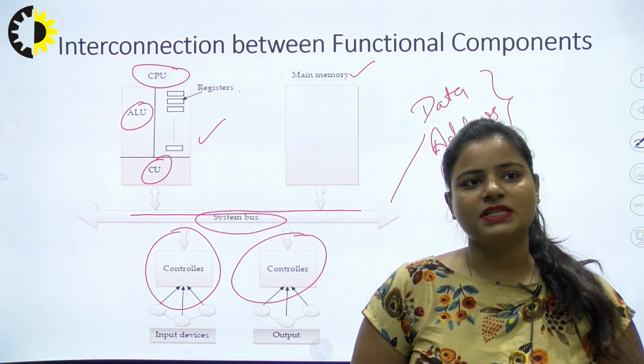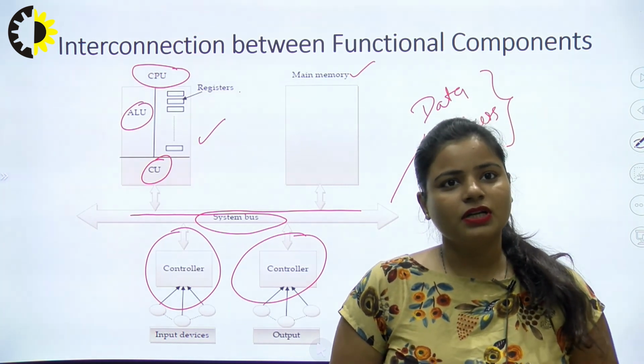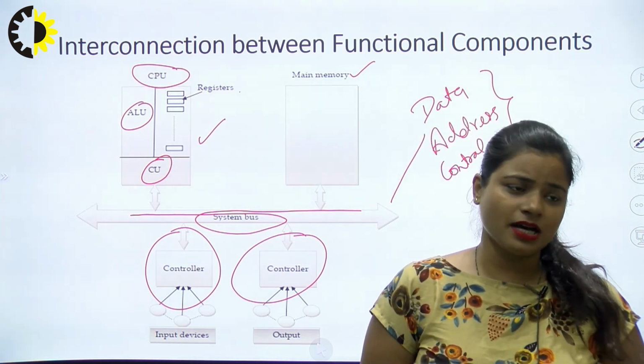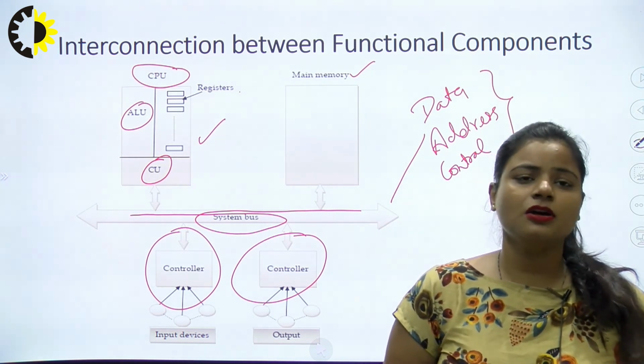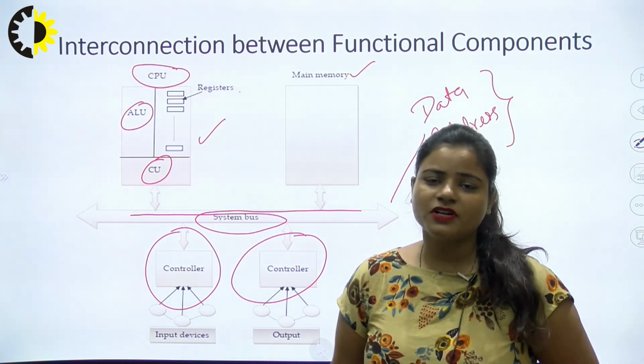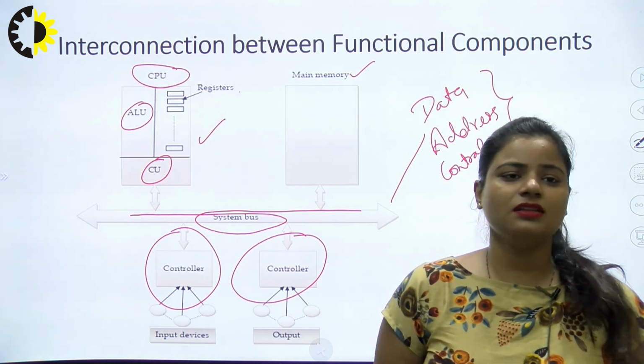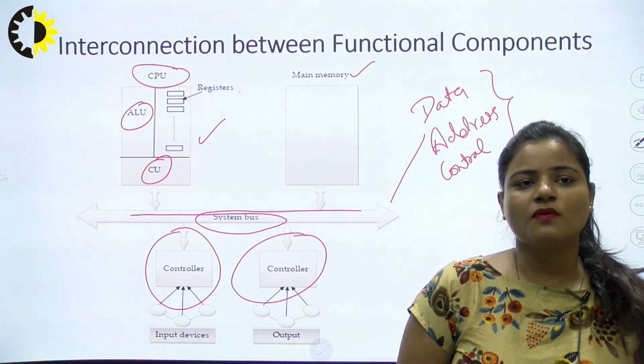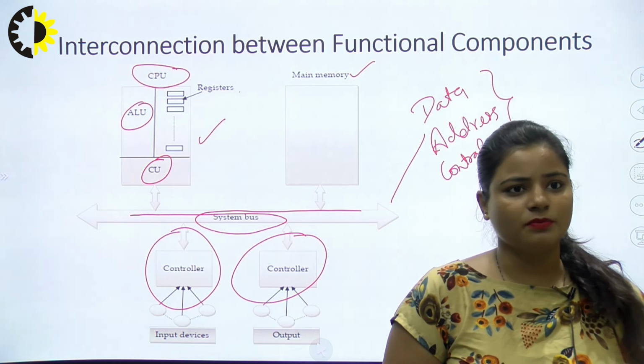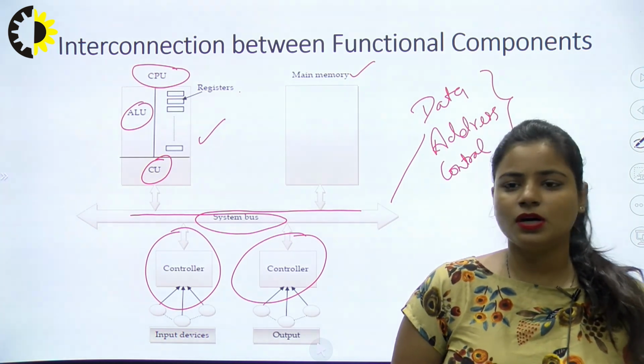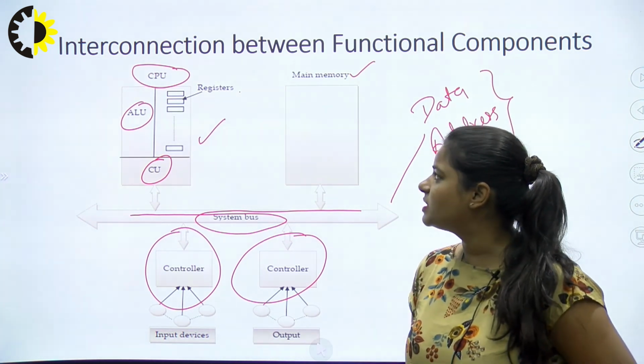These were the five basic introductory functional units. And lastly we learned about the interconnection among these functional components. You have seen the bus is the one that provides the interconnection between all these components. So in this video, we have covered all the basic introduction.